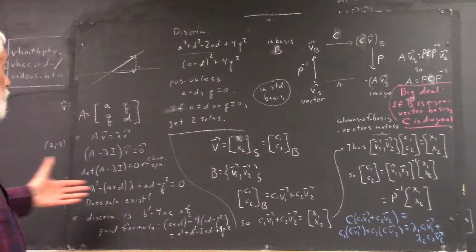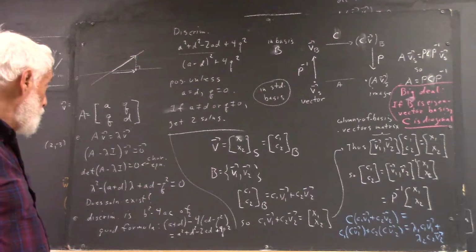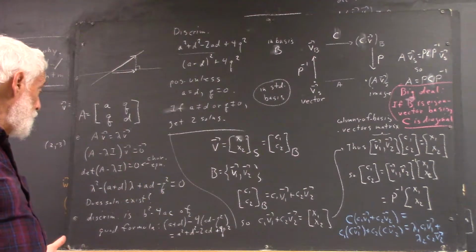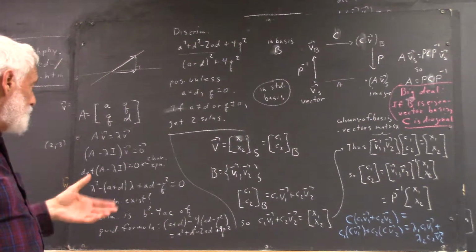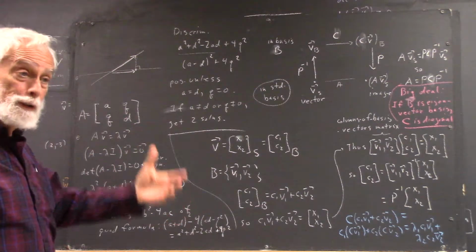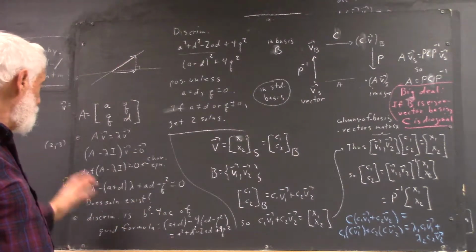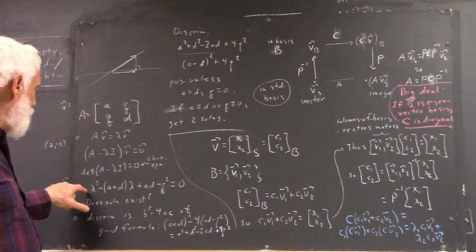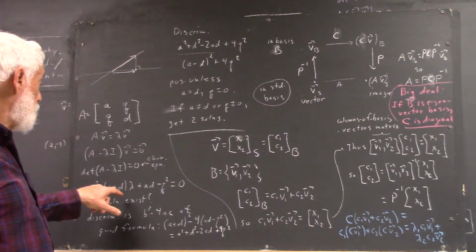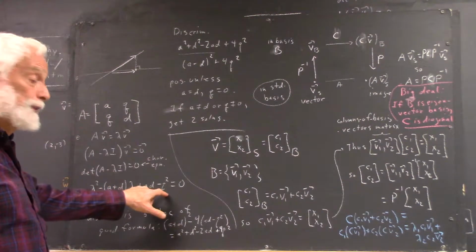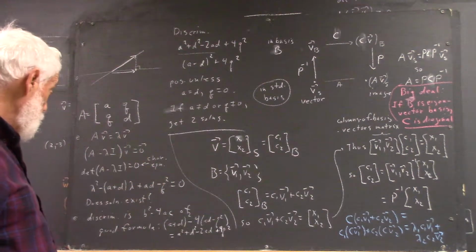Because this is a quadratic equation. If the quadratic equation doesn't have a positive discriminant, you can't solve it. Well, the discriminant is your b squared minus 4ac, where a is the coefficient of lambda squared, b is the coefficient of lambda, and c is the bare numbers that you have left over.